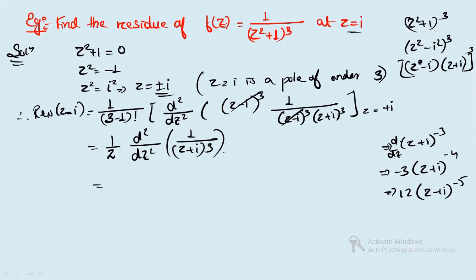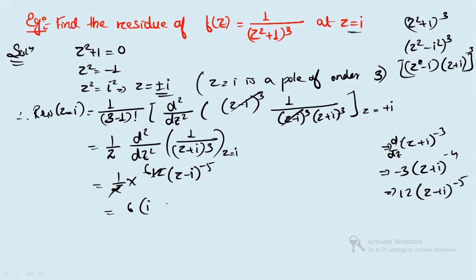So finally, you can write here 1 by 2 into 12 into (z plus i) to the power minus 5. This will give you 6, right? So z is equal to i.